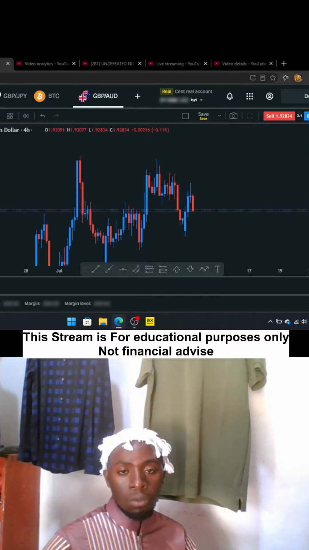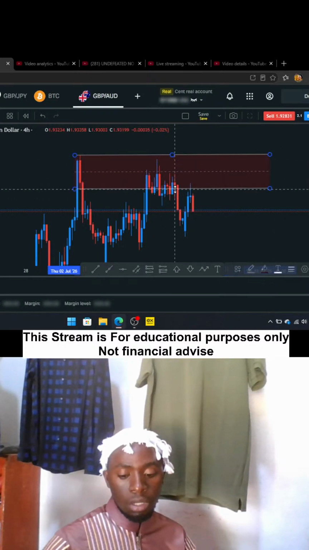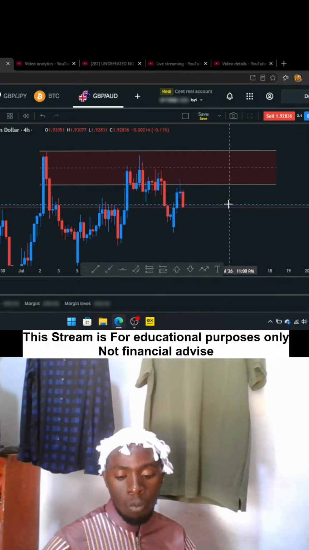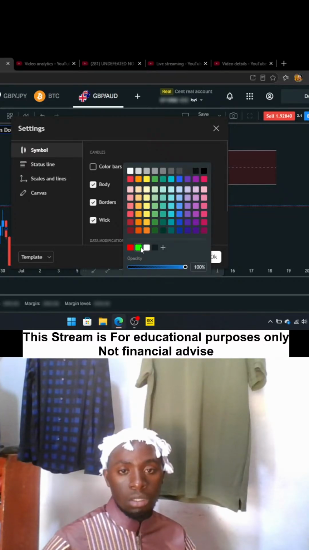The only bad thing is this supply zone right there. That would be the only bad thing about taking a buy on this. That's the only challenging thing I see.